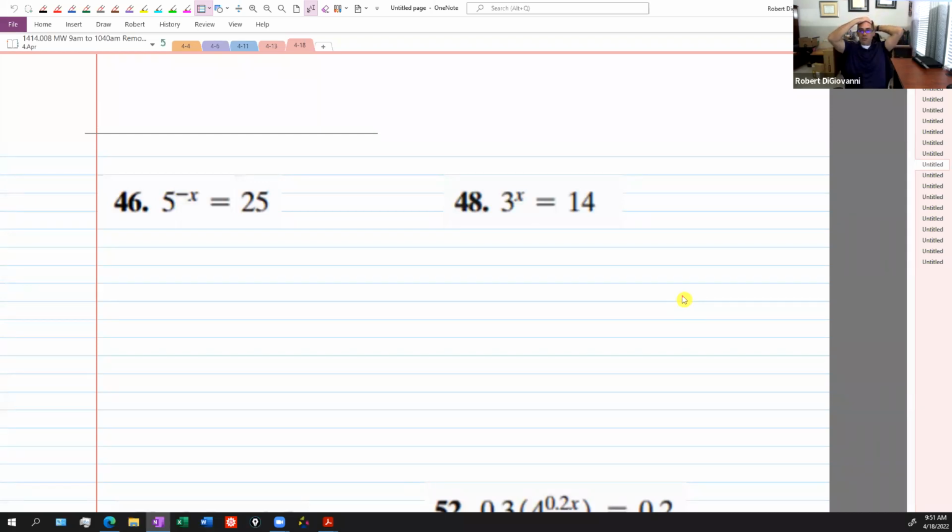These are just exponential, meaning that the thing we're trying to solve for, x, is up in the exponent. The x is up in the exponent. So we want to solve for x. That's what makes these exponential equations.